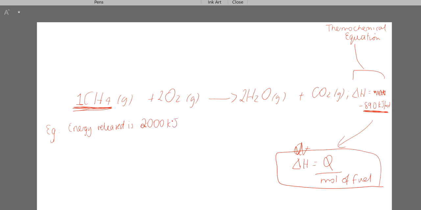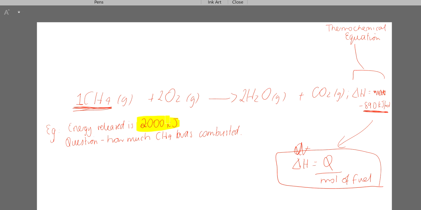So you've been told the energy released is 2,000 kilojoules, and my question is, how much CH4 was combusted or was burnt, whatever way you want to say it. Okay, so what we've got here is a few pieces of information. You've been told that you've got 2,000 kilojoules of energy that has been released.